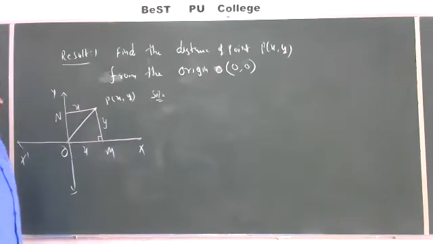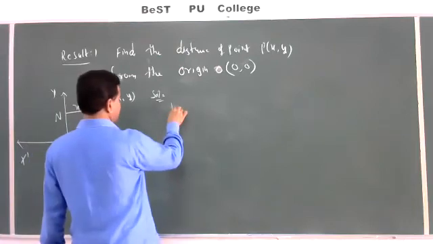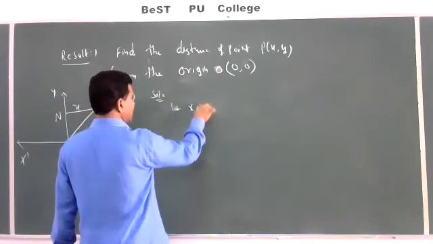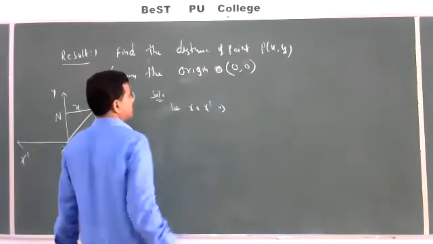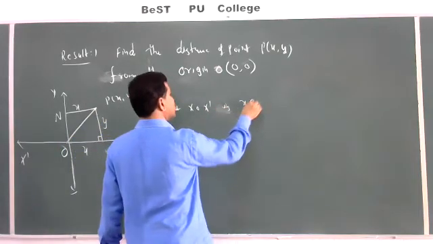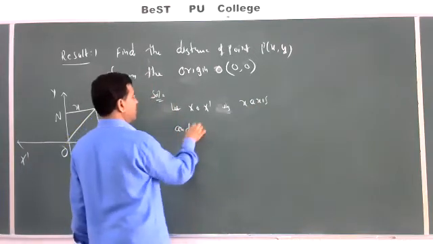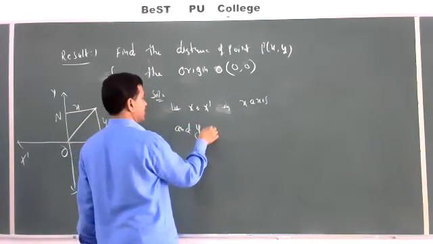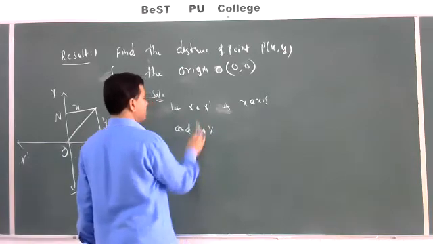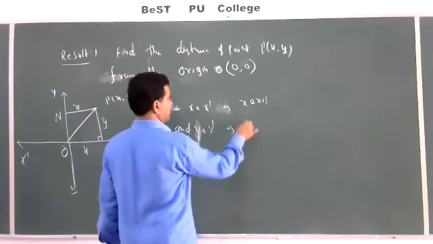Consider a rectangular coordinate system. Let XOX' be the x-axis and YOY' be the y-axis.